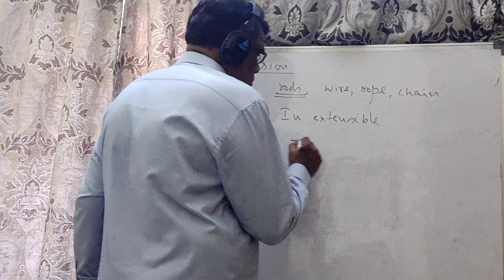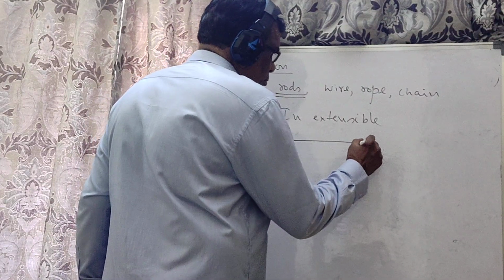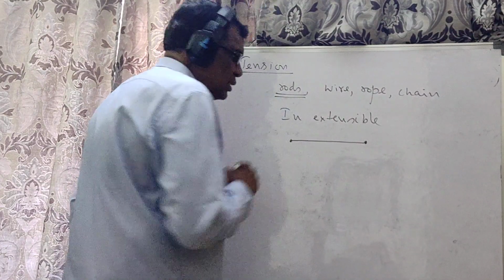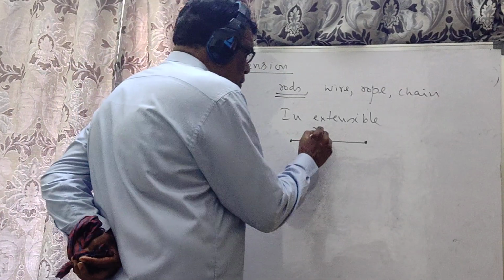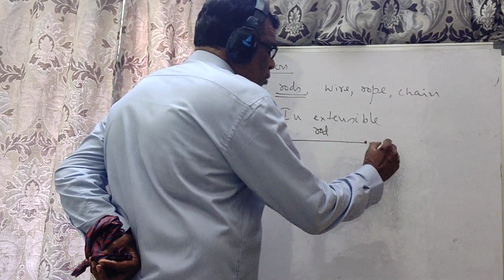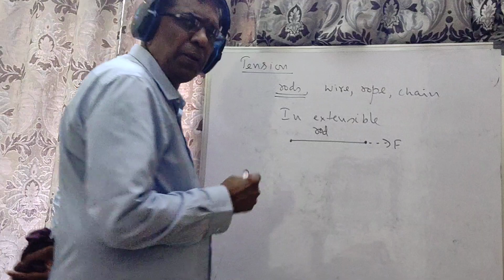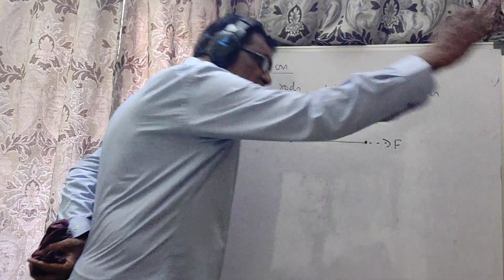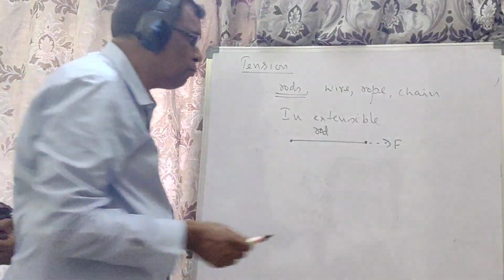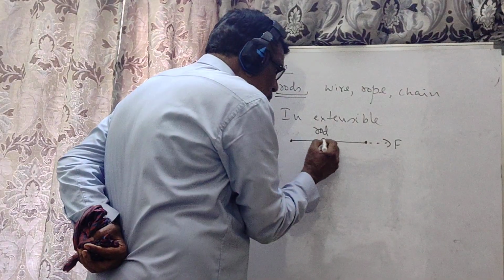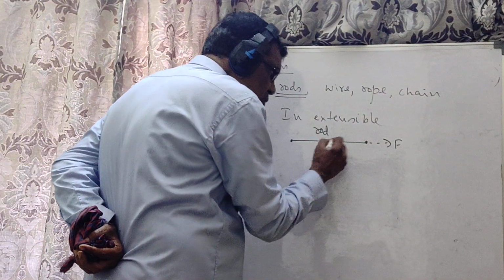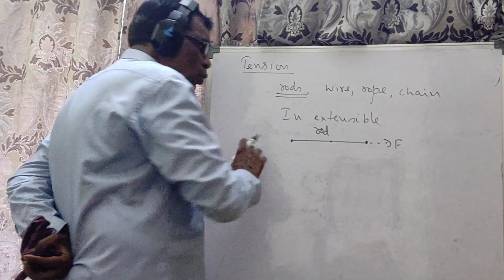For example, here is a rod, a rigid body. If I am applying a force here, every part of it is being pulled in this direction. That means wherever you have that force acting, you can pull it.